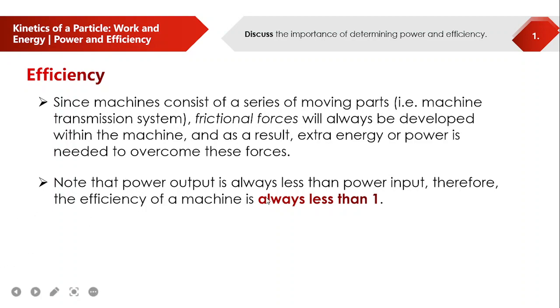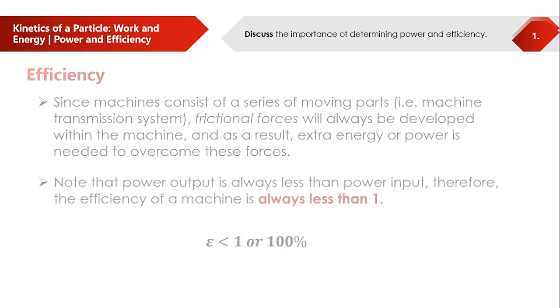So, it should be always less than the power input. So, yung mga efficiency natin ngayon is less than 1 lang talaga, no? Which is, efficiency is less than 1 or 100%. So, always less than 1, but in percent, always less than 100, no? So, that's your efficiency. Okay?